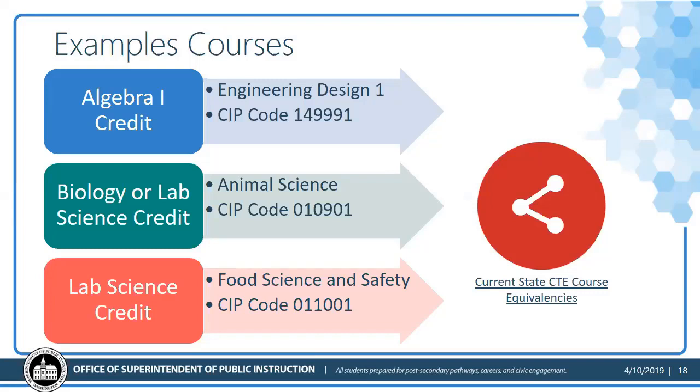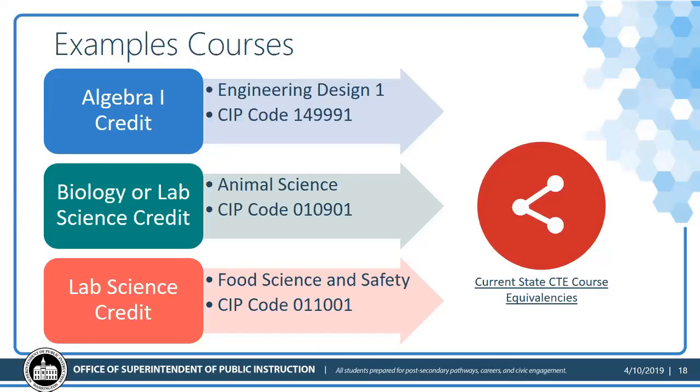Here's another example. If they took the Animal Science course as designed as a state CTE course equivalency under CIP code 010901, the student could earn a biology or a lab science credit. And then just another lab science example, our Food Science and Safety, which is under CIP code 011001.